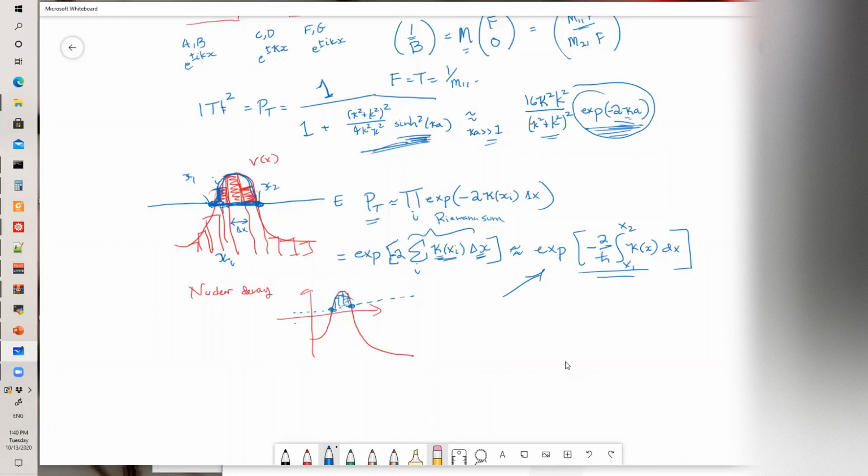Is in the kappa value, you said it was just the height, right? It was a square root of something over h bar, right? Yeah, it's the square root of V minus E. Kappa is proportional to the square root of V minus E, with the appropriate h bars attached.